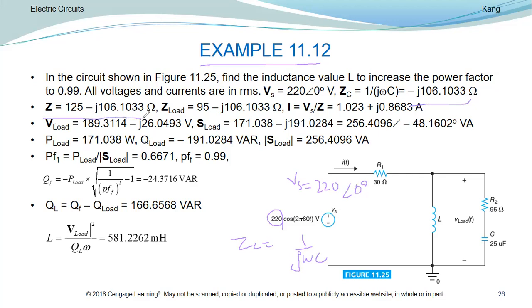So Z value is this, V load, and then I equals Vs divided by Z. So it will be equal to 1.023 plus j0.8683. So V load equals 189.3114 minus j26.04. Simultaneously, I can find the value of S load, P load, Q load.